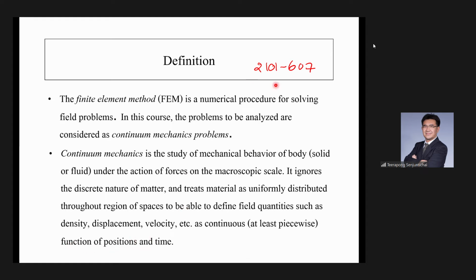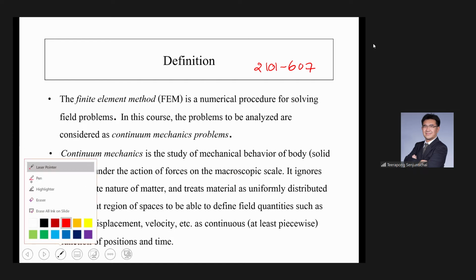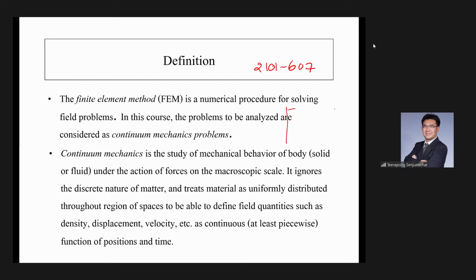Those who studied that course probably saw this before. So this is what we're going to learn: we focus on a solid body on the macroscopic scale. For example, if we study concrete, you would have aggregate, cement paste, mortar, and all those things.